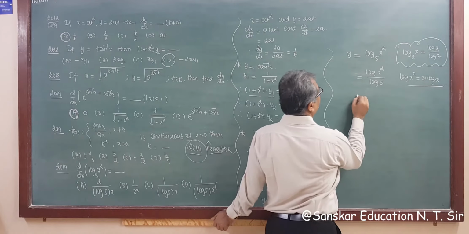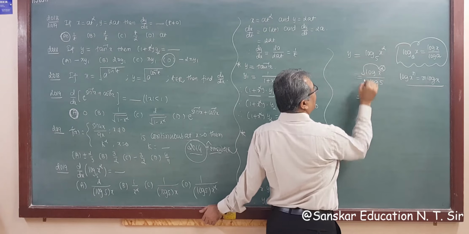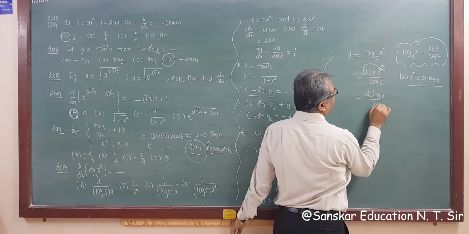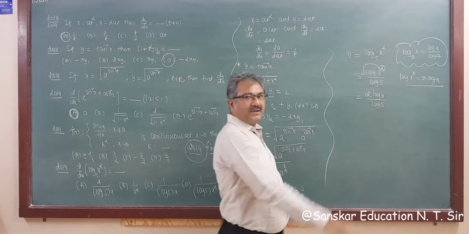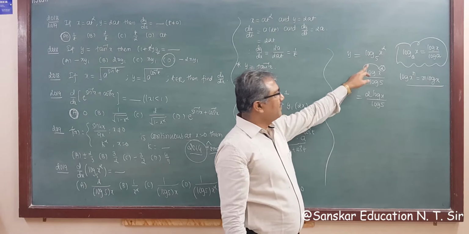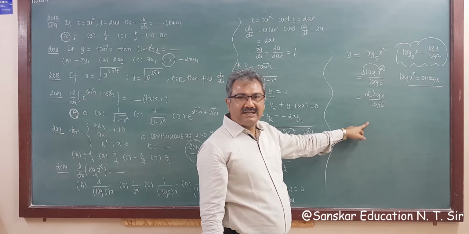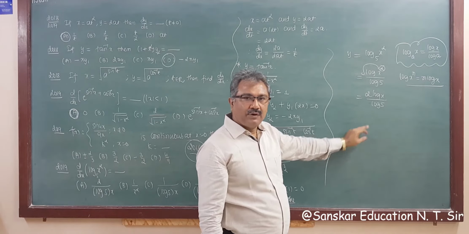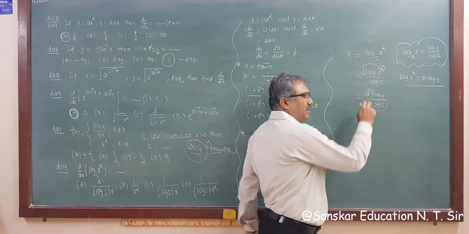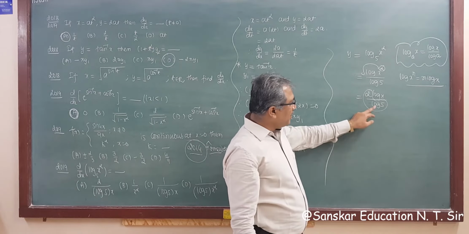So power comes to front side, it is 2 times log x whole upon log 5. So this is your y, and this is a simplification of the given function. Now see here, log 5 and 2 are constant. So 2 upon log 5 is constant.